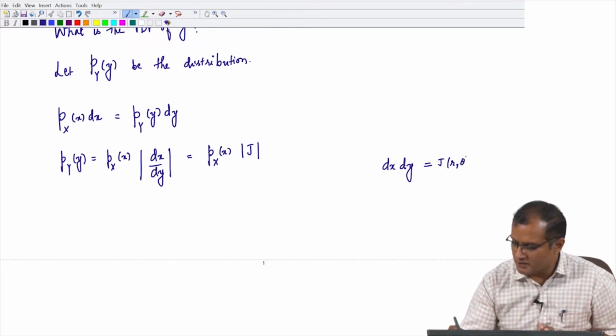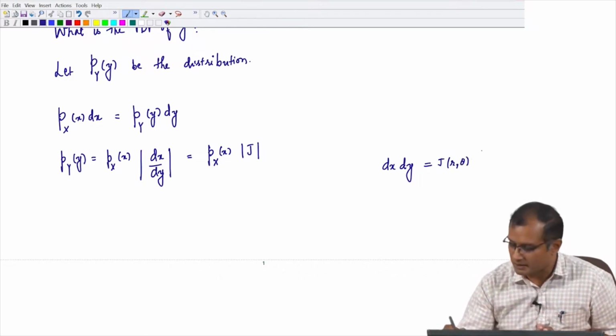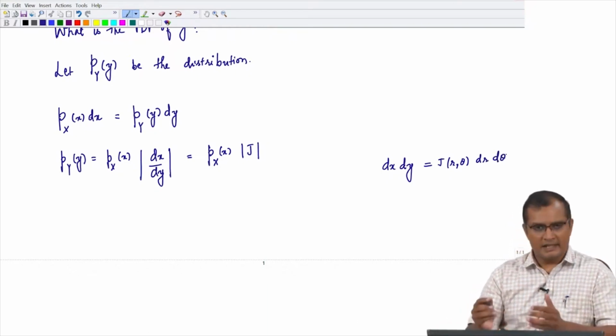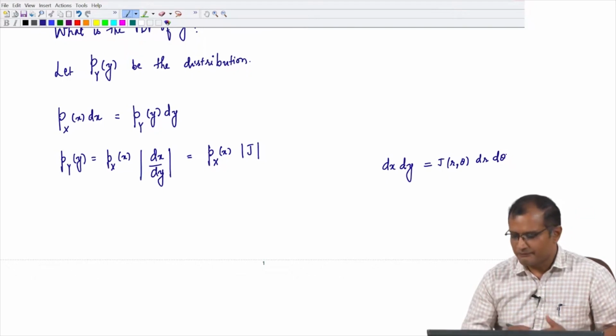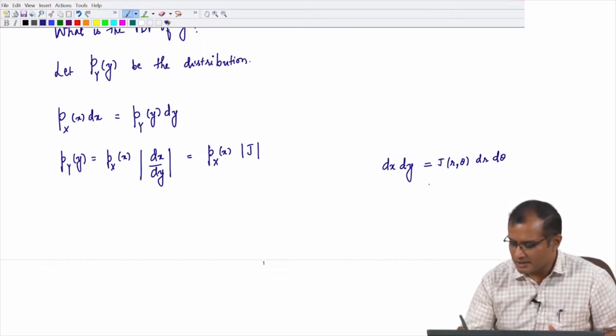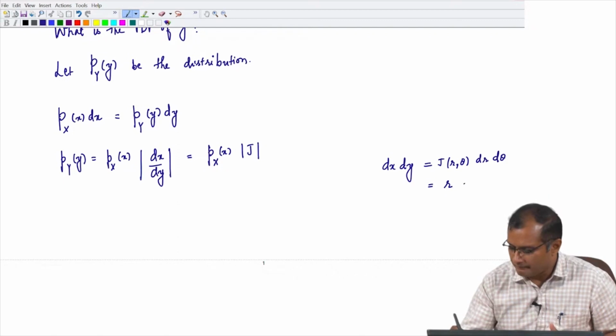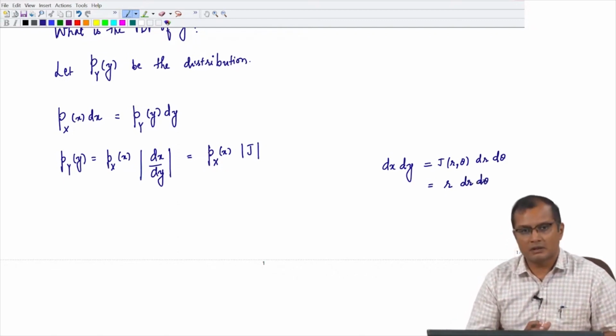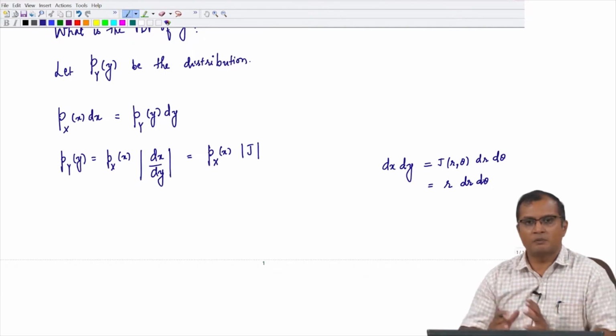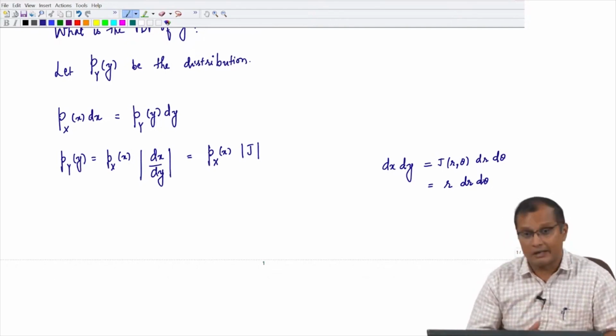In general it is a function of the new coordinates, and I will discuss in the following lecture that this Jacobian is nothing but r. So, the 2 dimensional coordinate transformation from Cartesian to polar involves the Jacobian, that is r here.